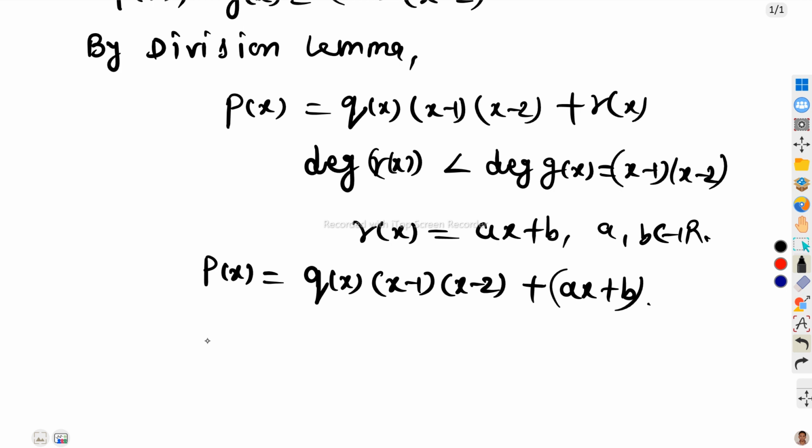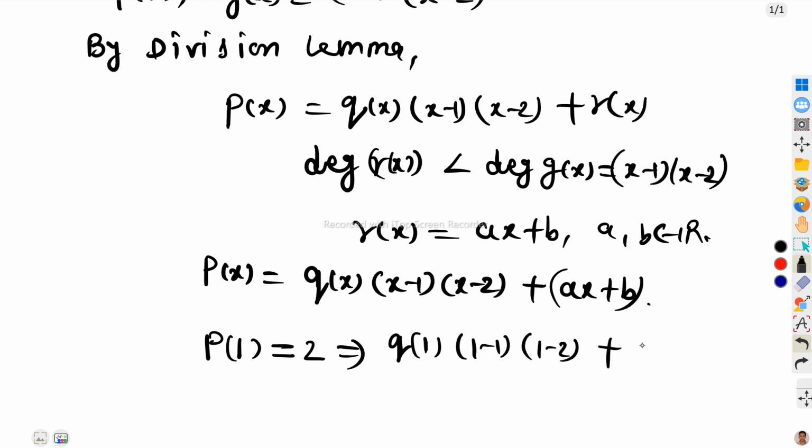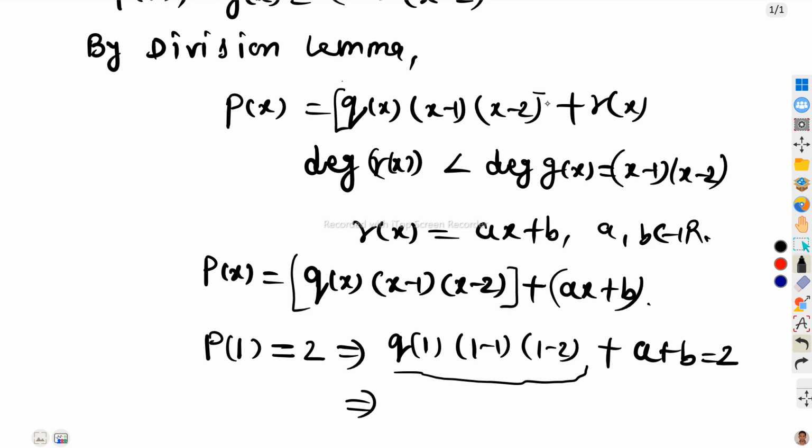Now p(1) equals 2. This implies that the term q(1)(1 minus 1)(1 minus 2) becomes 0, and a plus b equals 2. So we have equation number 1.